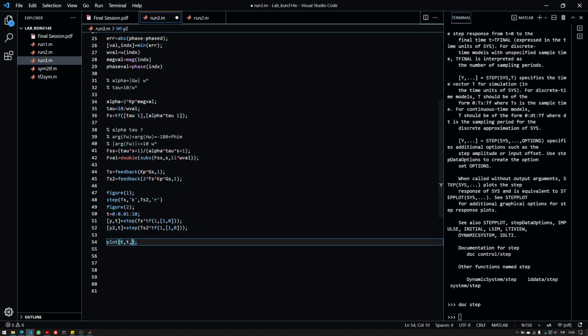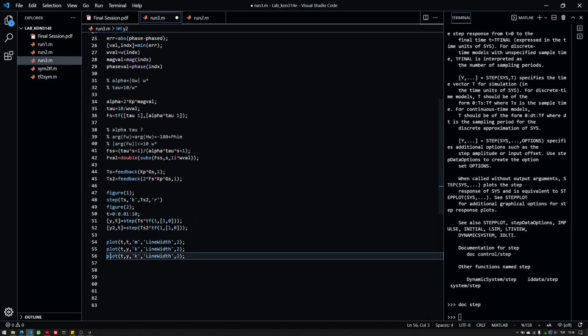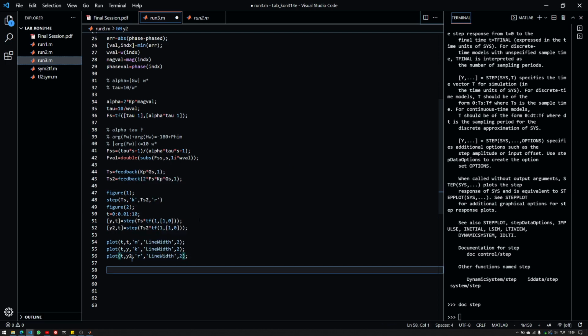Let's plot t comma t, which is the ramp function basically, with line width of 2. Let's make it a different color maybe. Let's say magenta for some reason. And t comma y should be k, and t comma y2 should be red.